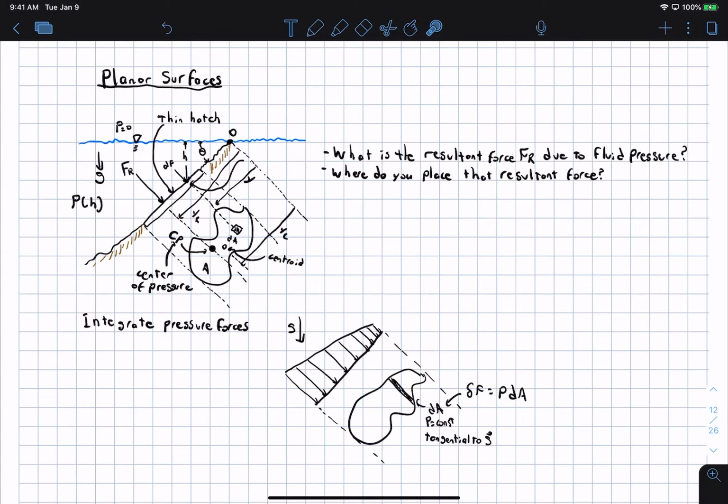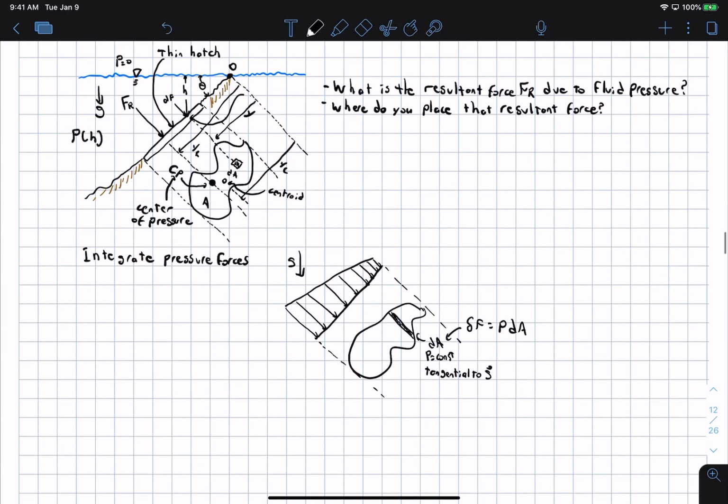Okay? And so we know that the force on this little patch is just the pressure on that little patch times the area. And then if we want to find the resultant force, we just integrate all the forces on all these little differential patches. Okay? And so that's essentially what we do.